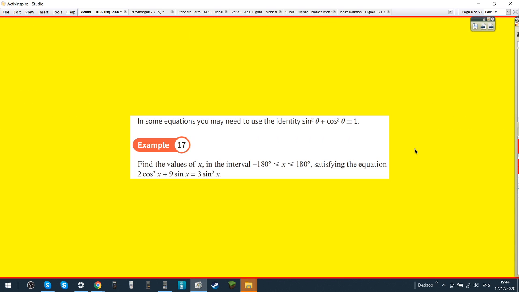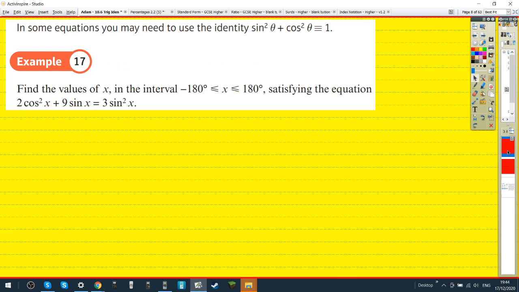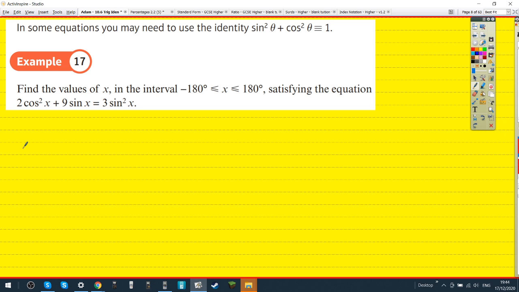Okay, let's see. Alright, how do we start this one? Would you need to minus 3 sine squared x on both sides? Which gives you 2 cos squared x plus 9 sine x minus 3 sine squared x.